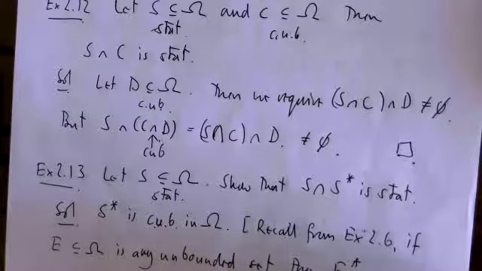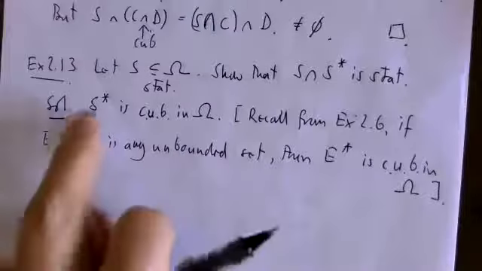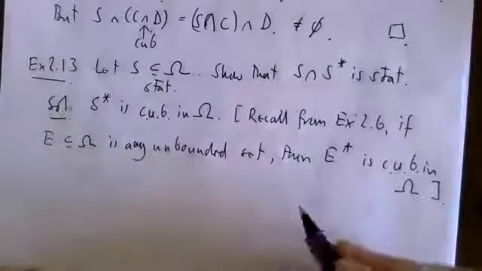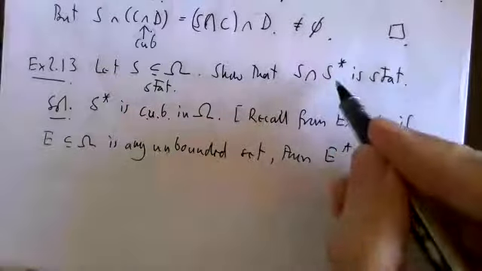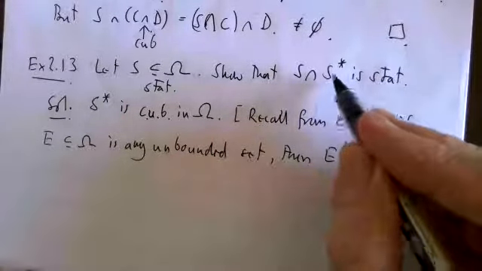Then E star is CUB in omega. So we don't actually have to write that bit out. You can just say straight off, S star is CUB. But now all I've got is S intersect a CUB set, and the previous exercise says that that's stationary.